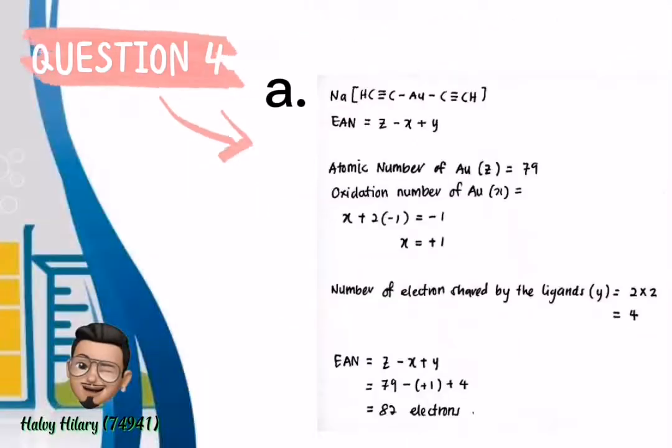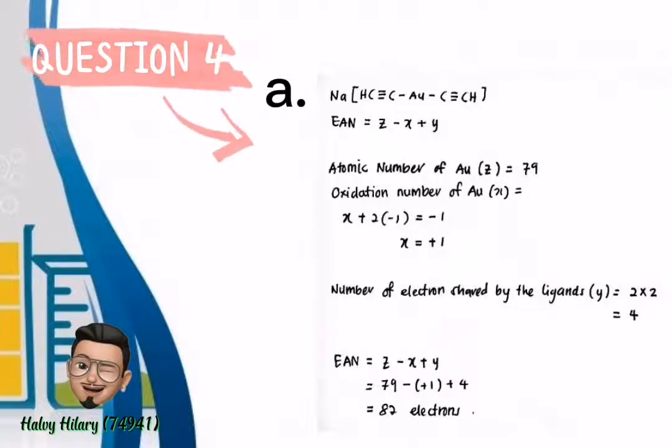For question 4a, we can find the effective atomic number by using the formula EAN equals Z minus X plus Y, where Z is the atomic number of the metal center atom, X is the oxidation number of the metal center atom, and Y is the electrons shared by the ligands.